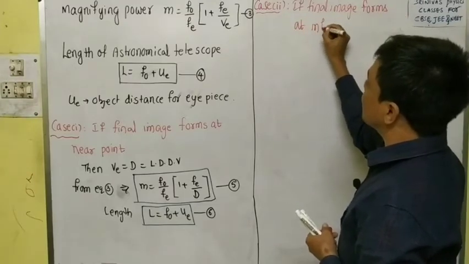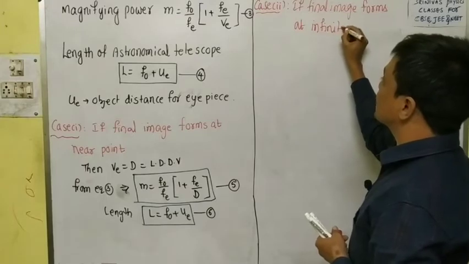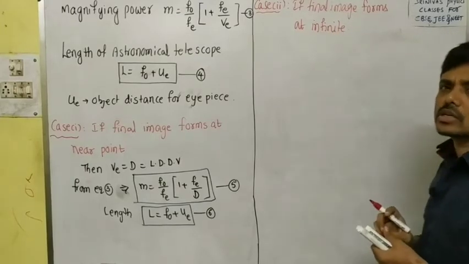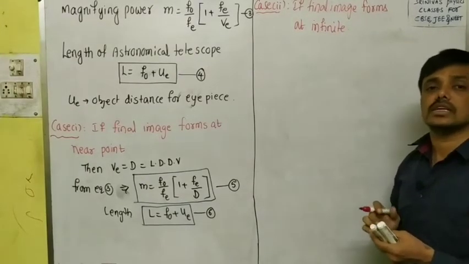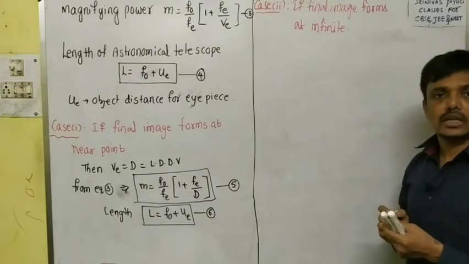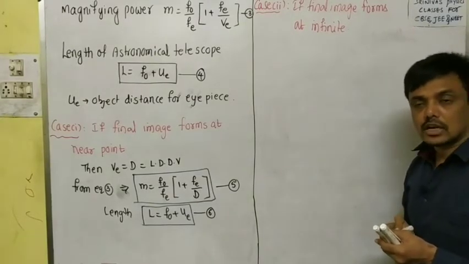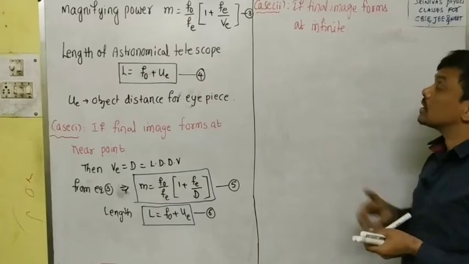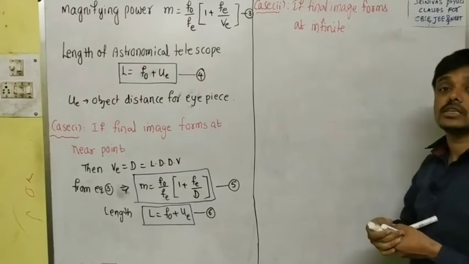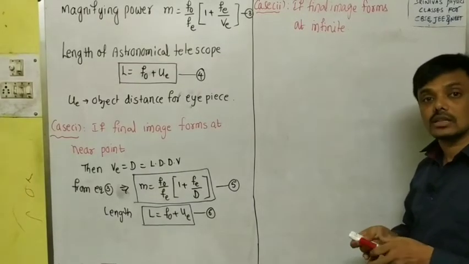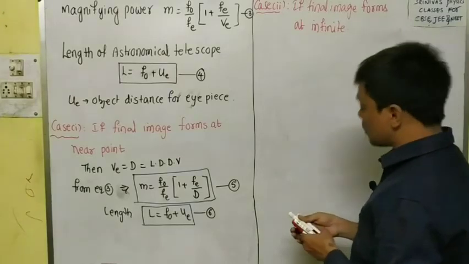That means the final image distance should be infinite. Generally, we know for a convex lens, if the object is at the focus, then the image forms at infinity. That means, in order to form the image at infinity, the object distance should be equal to the focal length, right? And then how will the diagram be?